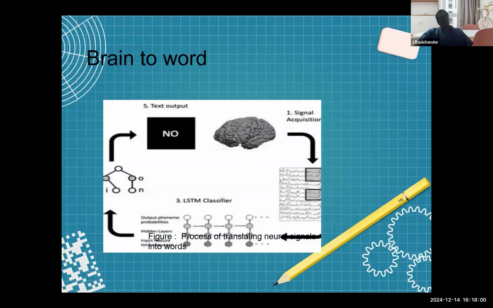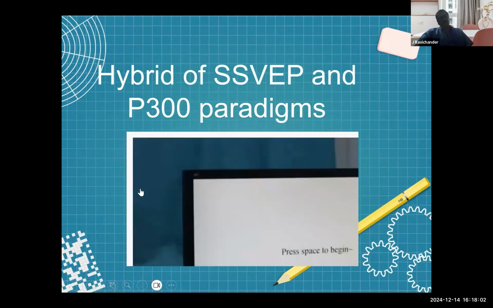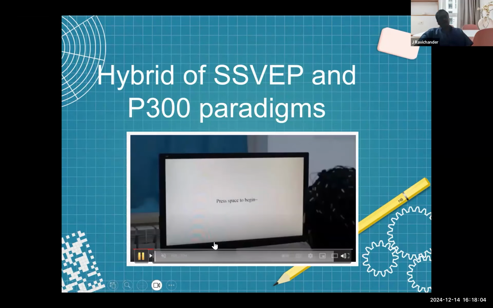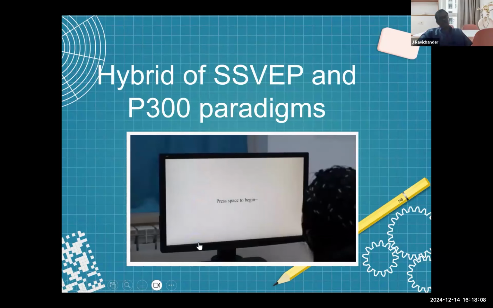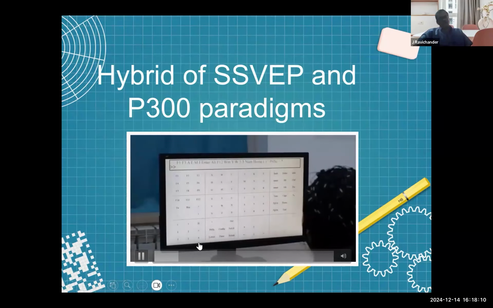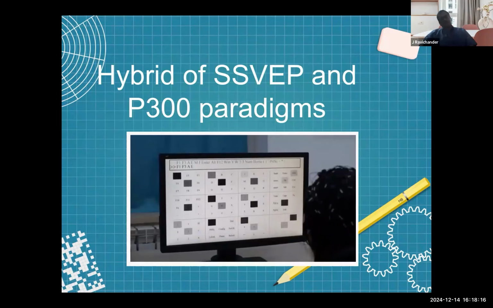So here, look at this, a hybrid of SSVEP as well as P300. Both are hybridized.